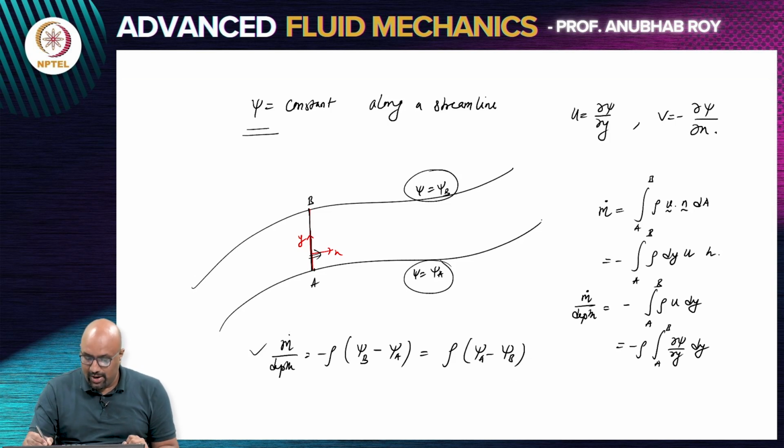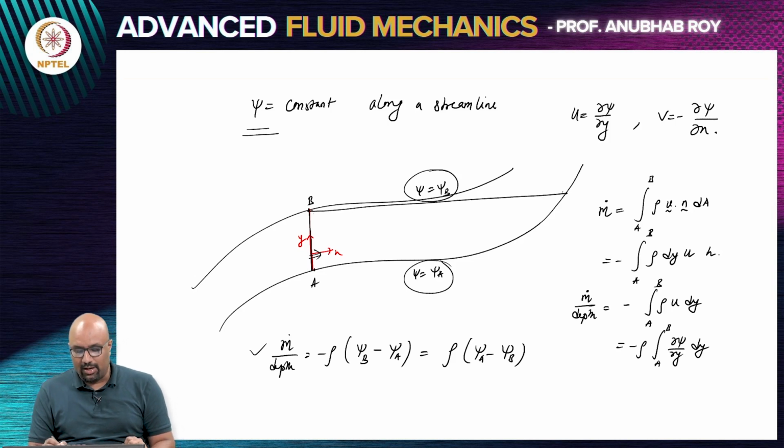Now, let us find the mass flow rate by drawing a line that is parallel to the x-axis. I chose a point B here and a point C here. So, points B and C have the same y coordinate, but they have different x coordinates.